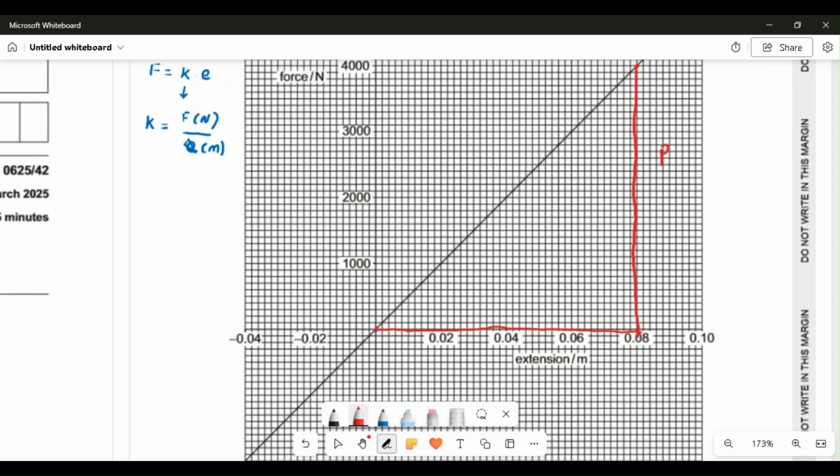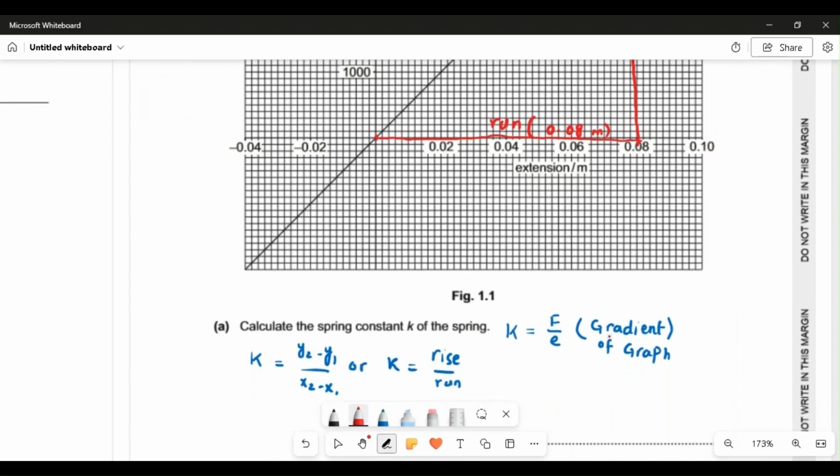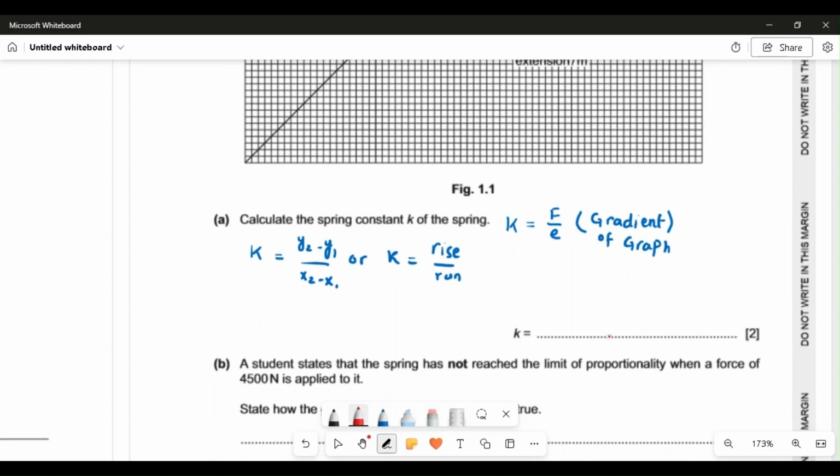So rise is around 4000 newtons, and run is 0.08 meter.